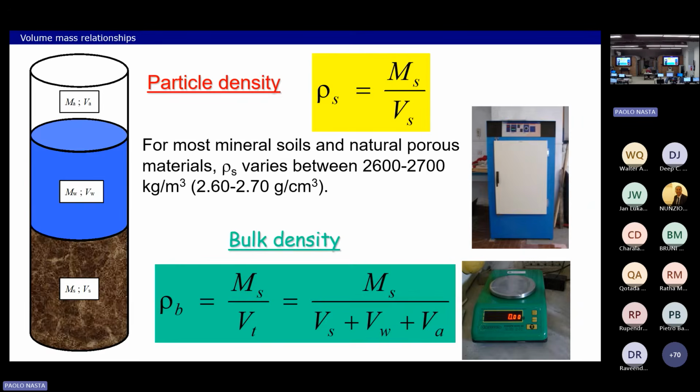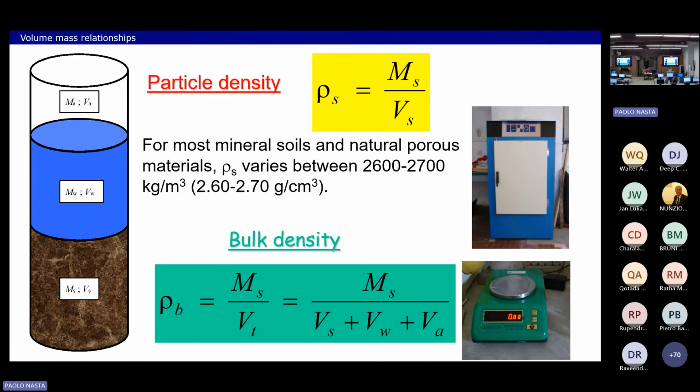We can already present the volume-mass relationships in the soil, because these three phases interact. The solid phase occupies most of the volume of a soil sample, and water and air share the rest depending on saturation and desaturation processes.